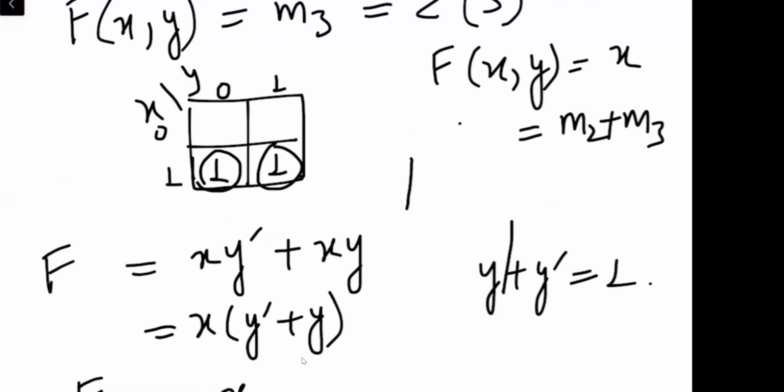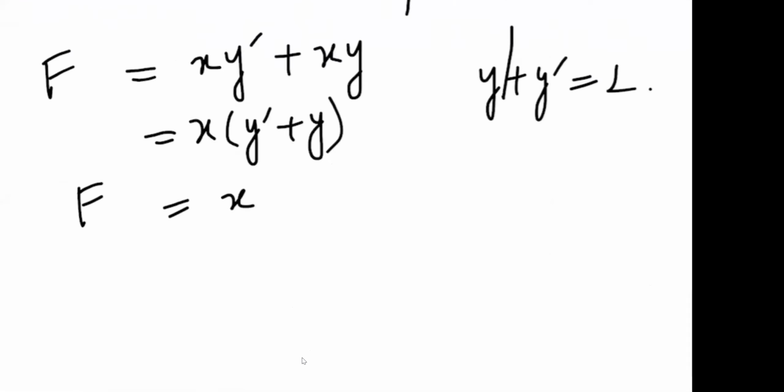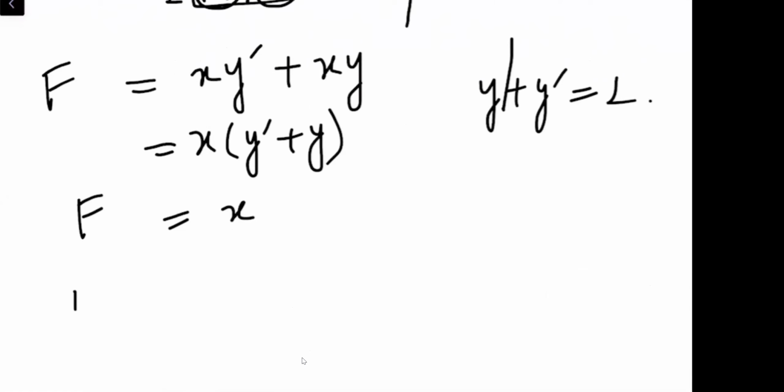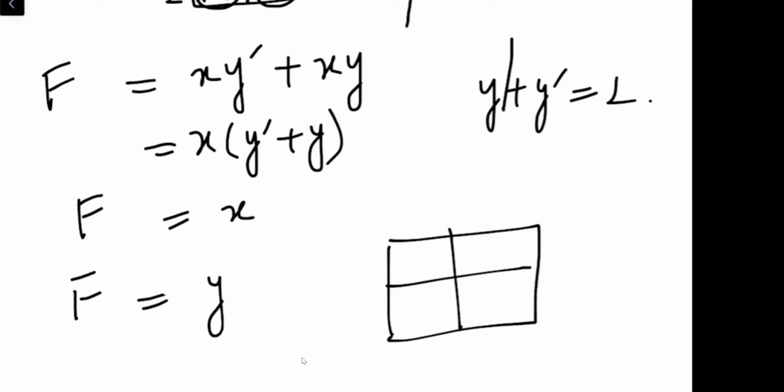Similarly, if I say the function is equal to y, and then in the K-map, again, I have x and y. X is equal to 0, x is equal to 1 in these rows, and y is equal to 0 and y is equal to 1 in these columns, right?